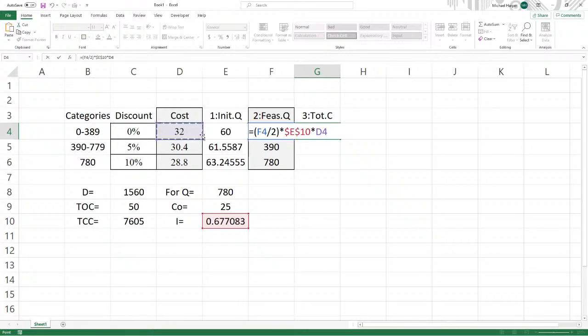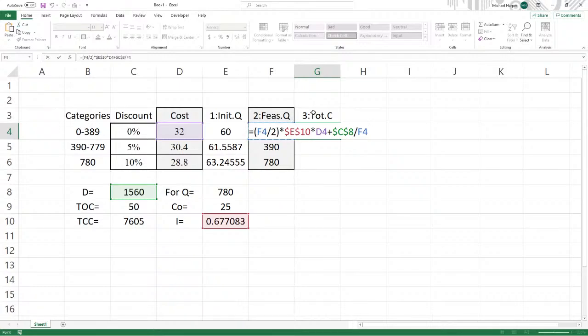I'm sorry. Yep, I times C, and that will change on us. Okay, plus the ordering cost. So that's going to be D over Q. Here's D. Fix that. Divided by Q. And Q is going to be the feasible Q here. That's going to change on us.